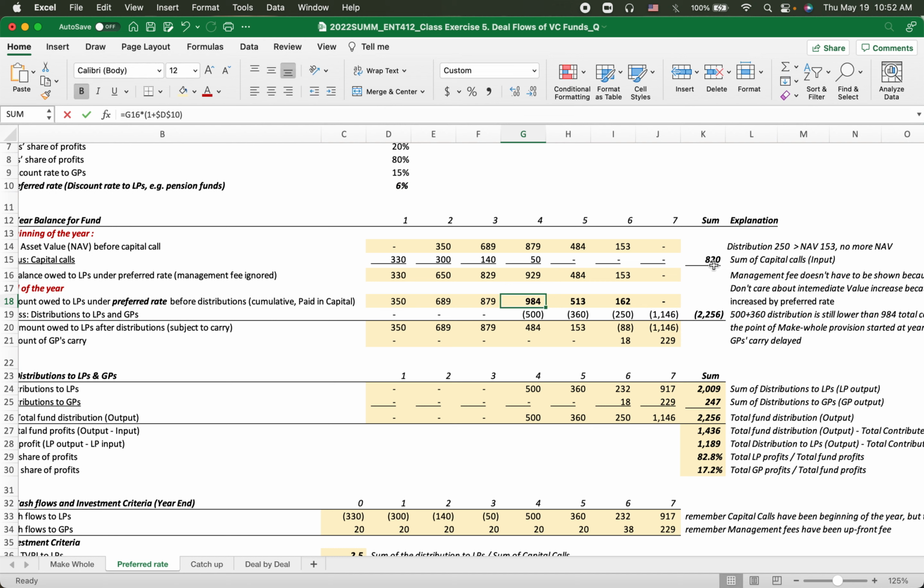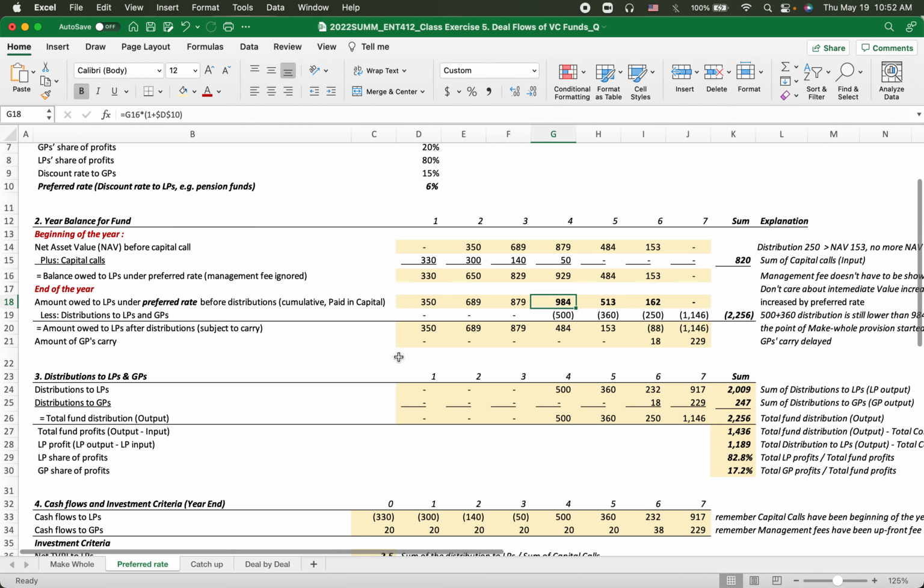So we want to make sure when is the make whole provision time. Okay, if the fund starts the distribution year 4, year 5, the point of the distribution is the point when this 984 is fully covered, right? Not 820. You guys understand, right?